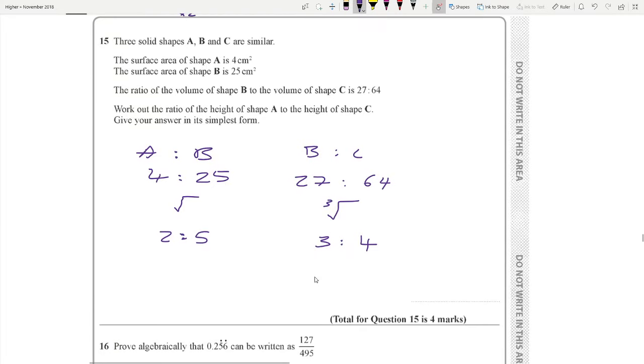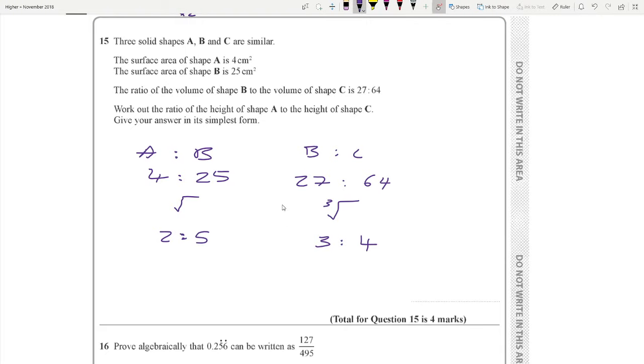So we've got two ratios here: A to B and B to C. Both have a common B in them. If we want to compare A to B to C altogether, we need to make the B's equal.